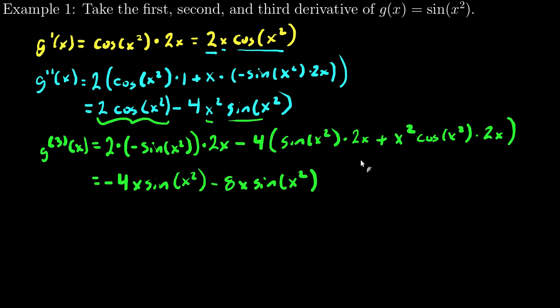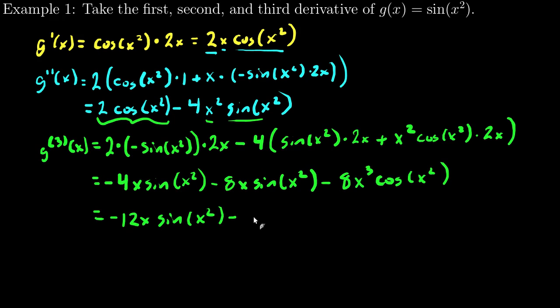And multiply this through to these, so I get negative 4 times 2 gives me minus 8. I have x squared times x, which is going to be x cubed cosine of x squared. And one more thing, I can combine these like terms. I will get negative 12x sine of x squared minus 8x cubed cosine of x squared.